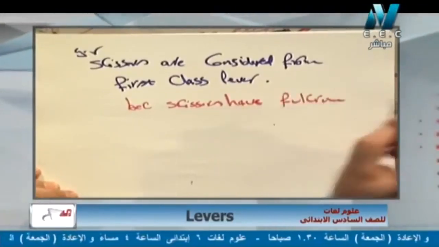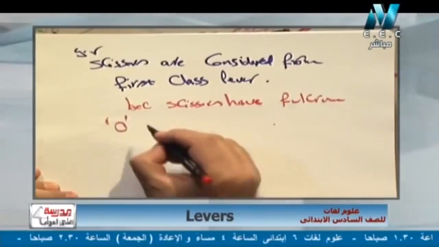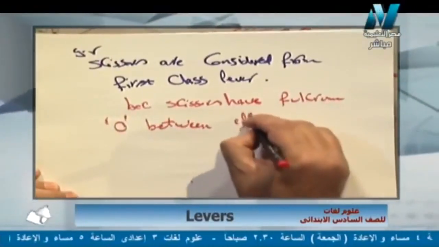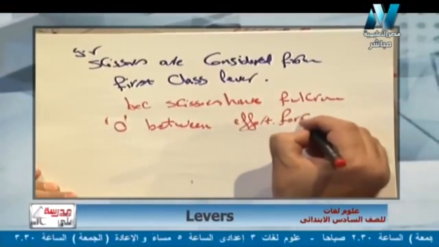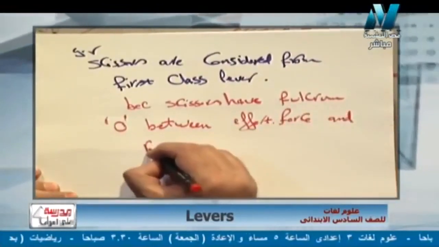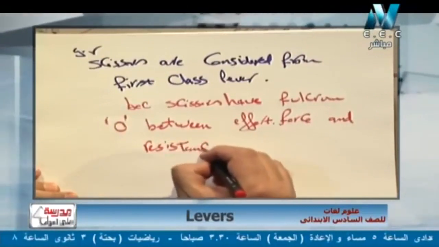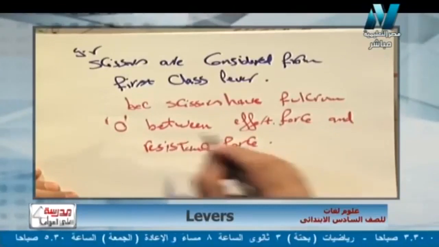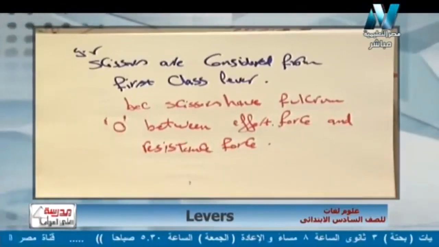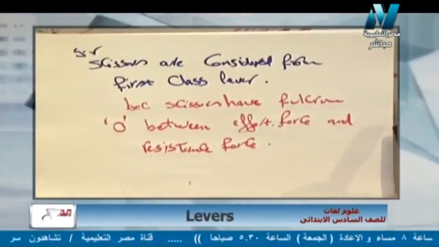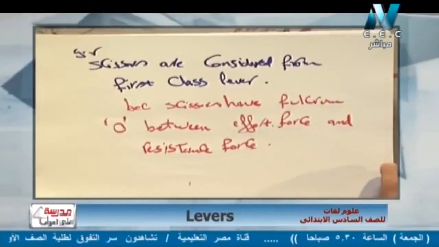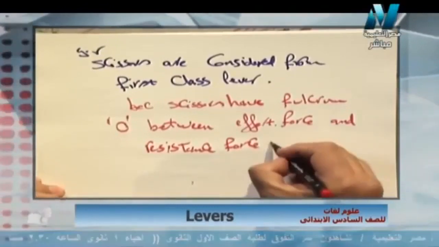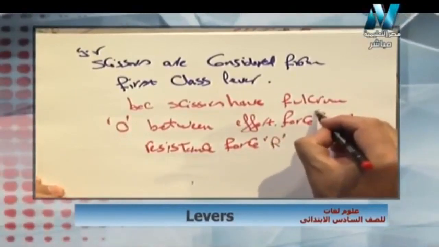Fulcrum has the symbol O, between effort force and resistance force. So again, scissors are considered a first class lever because scissors have fulcrum O between effort force F and resistance force, which has the symbol R.